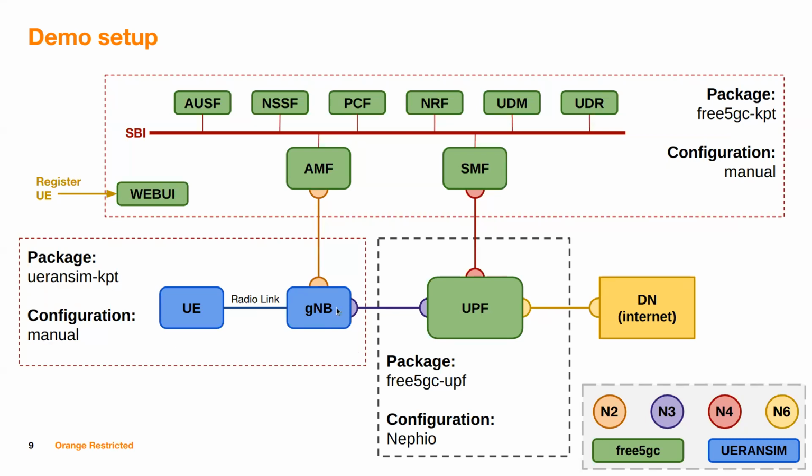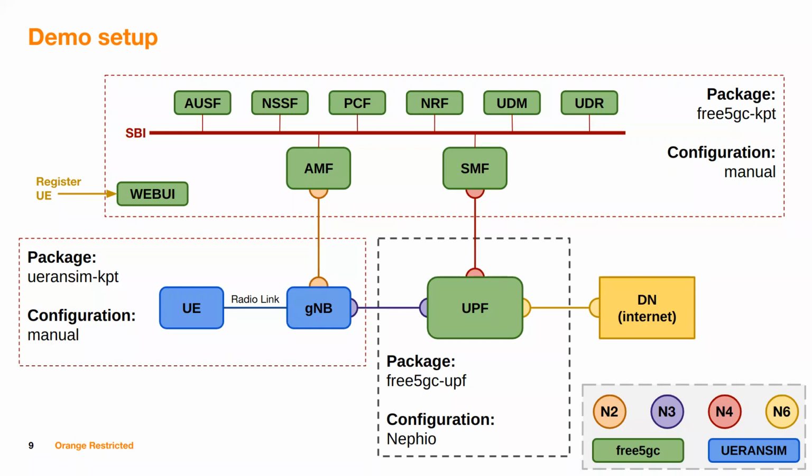We used the uplink classifier mode, etc. But for this demo, we stick to what you provided: just one UPF, one gNodeB, and one UE. Is there something that automates these creations, or do you have to do it all manually, like bringing up multiple instances of UERANSIM, or can UERANSIM be configured to say I need 5 gNodeBs with 5 UEs? I don't know of any automation; you need to configure it.